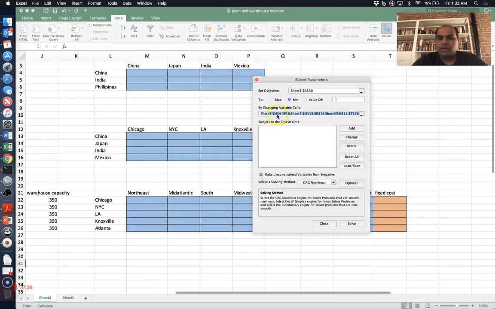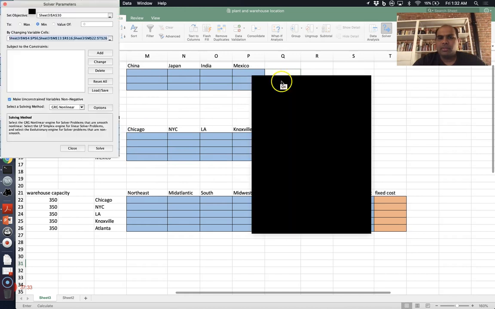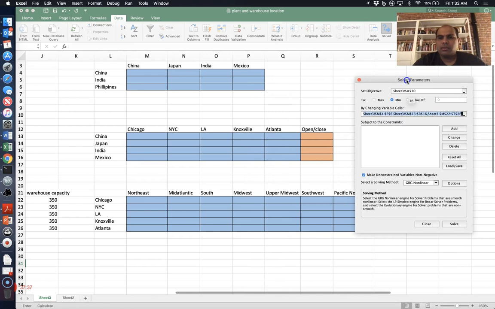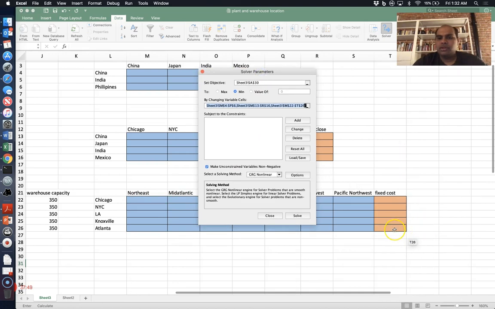So you have M4 to P6, that's the first set of decision variables. Then M13 to R16, including the Yij variables, and finally M22 to T26. So these are all my decision variables. I'm going to change this to Simplex LP because this is still a linear problem.